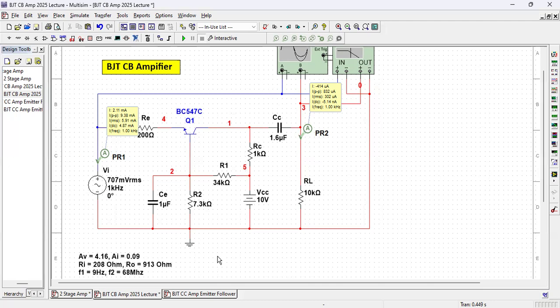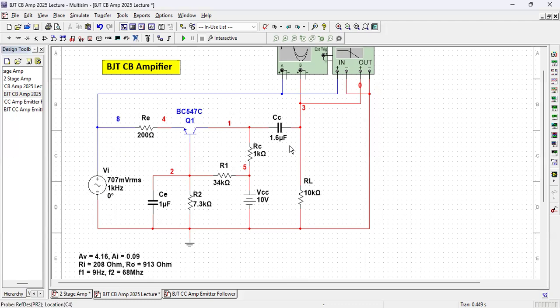These are the differences in properties of various gains and other parameters between the common base mode of amplifier and the common emitter mode of amplifier. If you try it, because this simulation you can do at your home, you don't have to do it at your college, you will gather enough insight into the functioning of these various amplifiers.